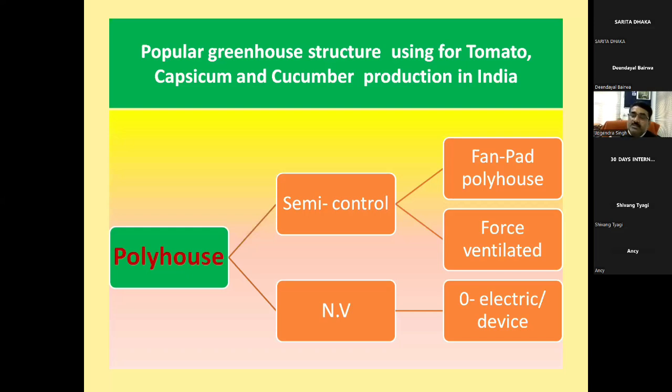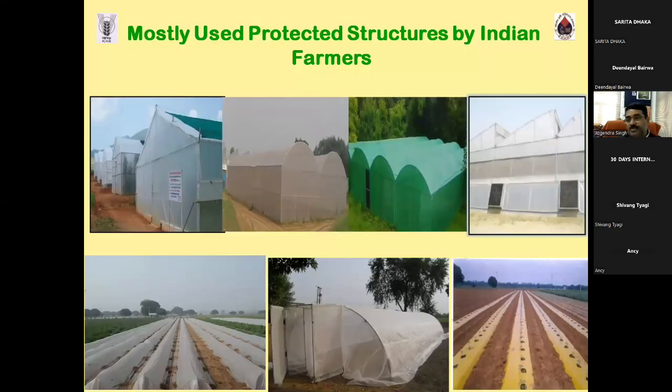So these are the classification and knowledge about polyhouse technology, how many designs we can use for plain area or hill area. So these are the designs of the polyhouse because of the components. You can see here the protected structure. Nowadays, launched by Indian engineers and Indian scientists, different areas and different types. Fan-pad, insect proof net, set nets, multi-span set net, double span insect proof net, single span, low tunnel, high tunnel, mulching.